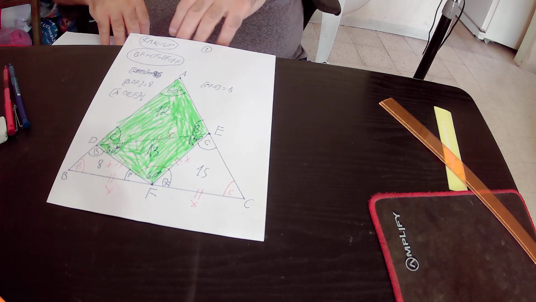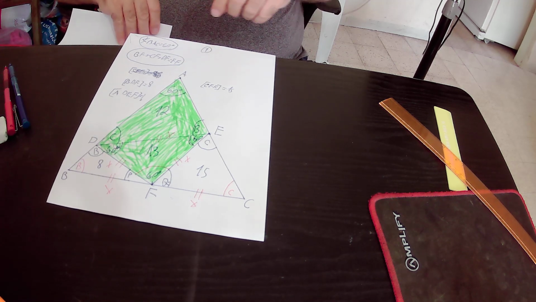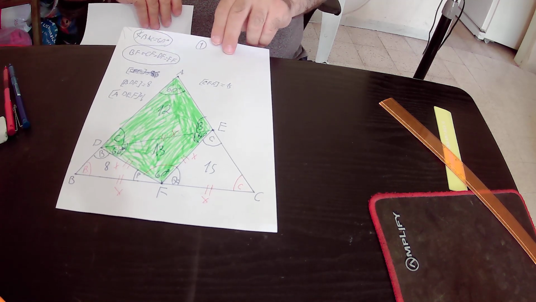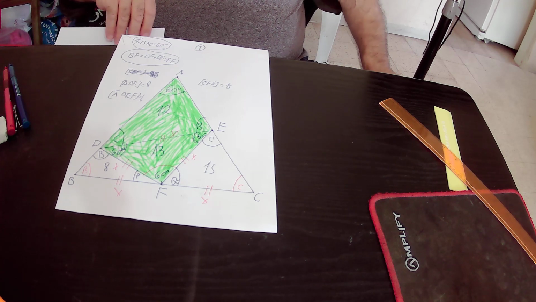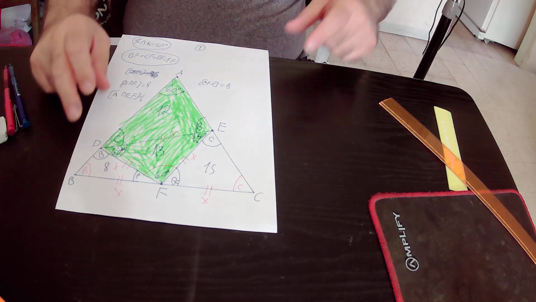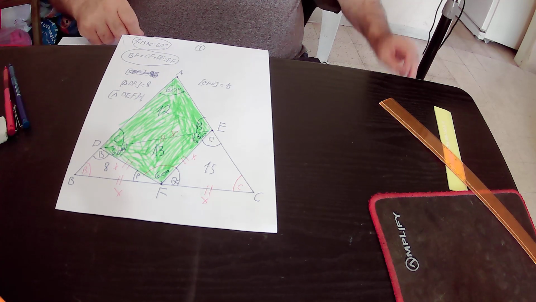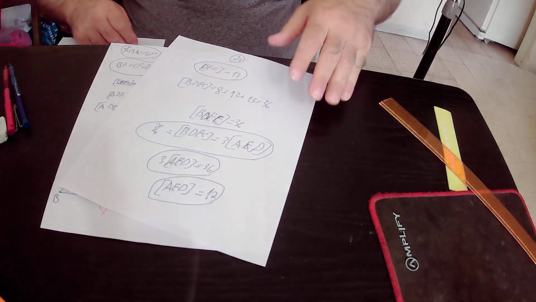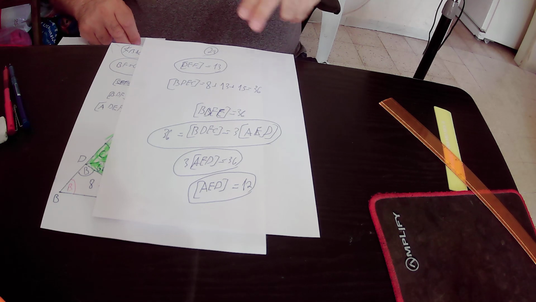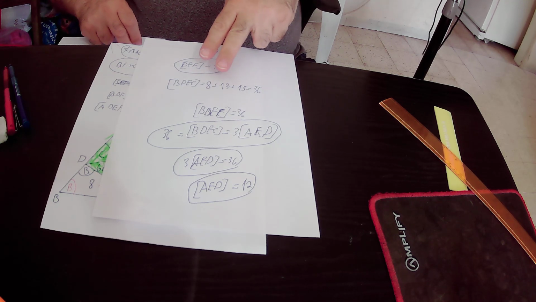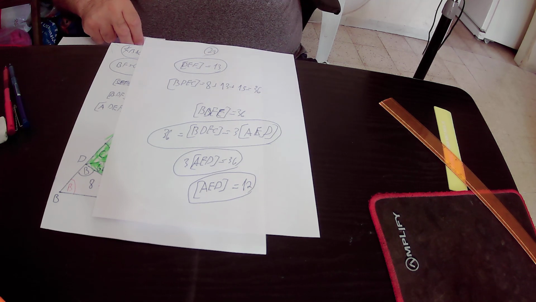So in total, the area of quadrilateral BDEC equals 36 square units.